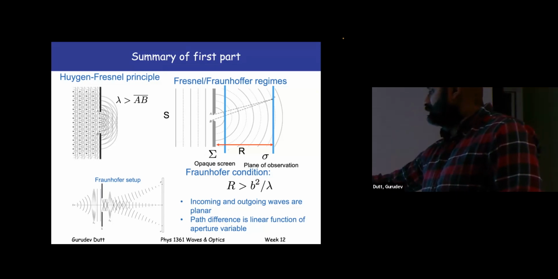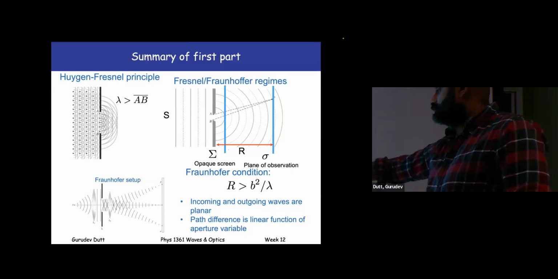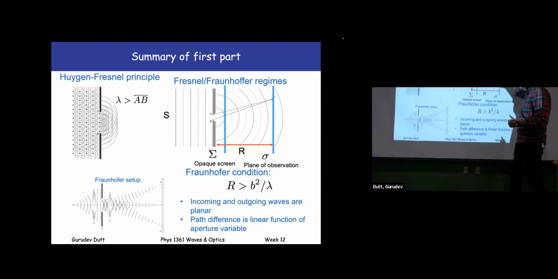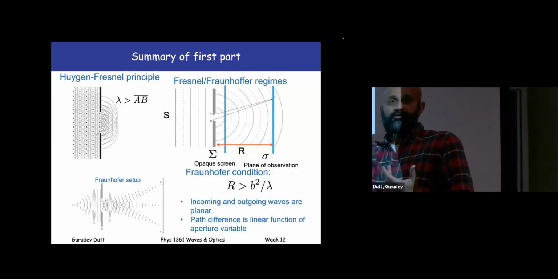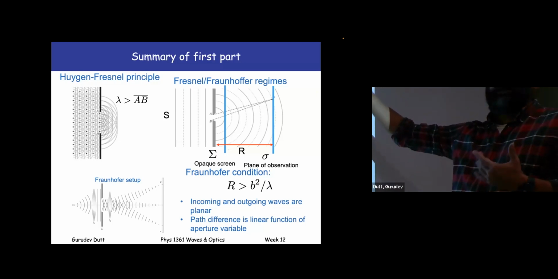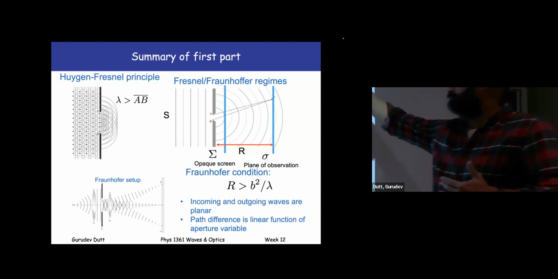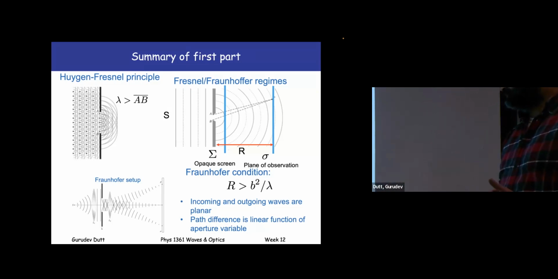It just remains the same pattern, spreading out as we go further and further out into the far field. We also saw an important condition, which is that the Fraunhofer diffraction regime will be correct whenever the incoming waves and the outgoing waves can be approximated as planar. Normally you would say that the waves are spherical coming out of the aperture, but whenever we can approximate that as planar in the region where we're looking, for example when we're far away from the slit, then we can call that Fraunhofer diffraction.